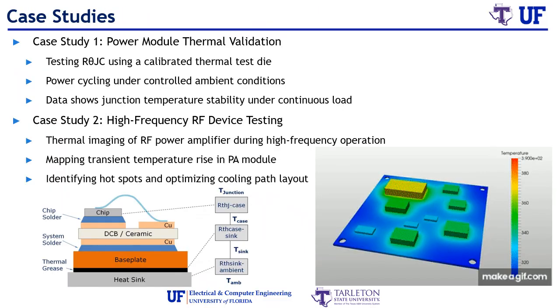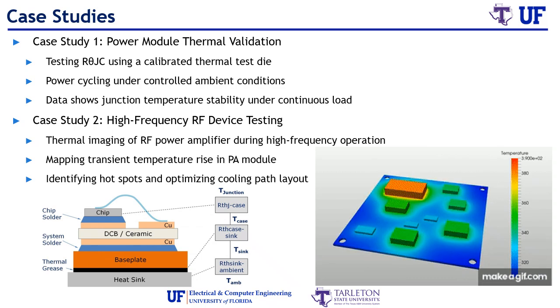To demonstrate how these thermal testing methods are applied in practice, let's look at two real-world case studies. The first case focuses on power module thermal validation. Here, the goal was to measure R theta JC, or the thermal resistance from junction to case, using a calibrated thermal test die. The module was subjected to power cycling under controlled ambient conditions to evaluate temperature stability.